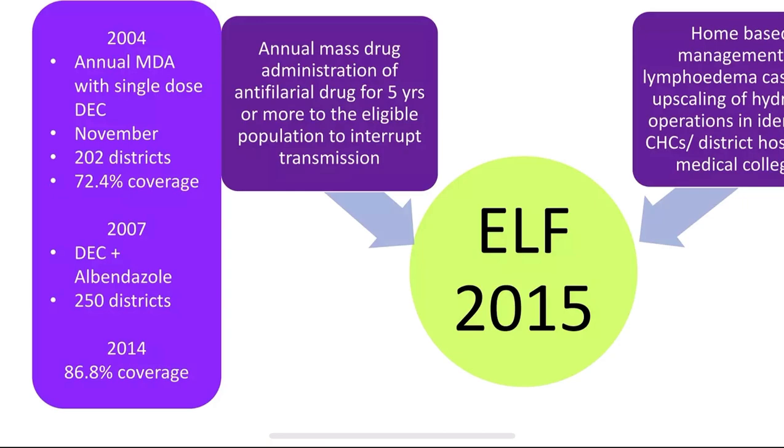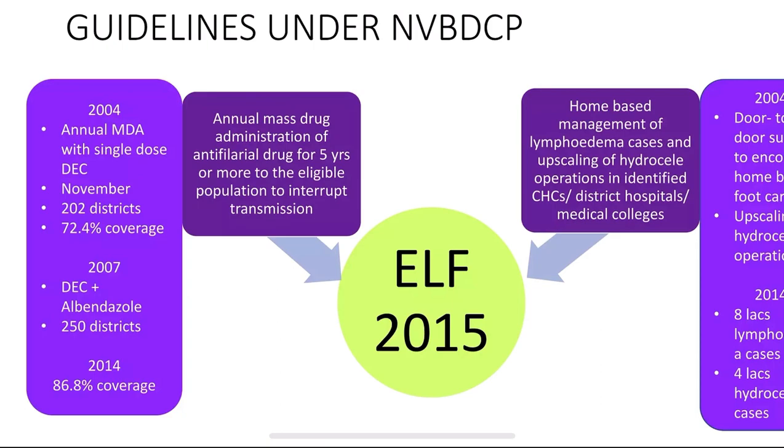Here almost all the 250 lymphatic filariasis endemic districts were covered. Okay, and in the year 2014, 86.8% coverage was seen. So the coverage kept improving, and by the year 2014, 86.8% coverage was seen. So this is about the guidelines.